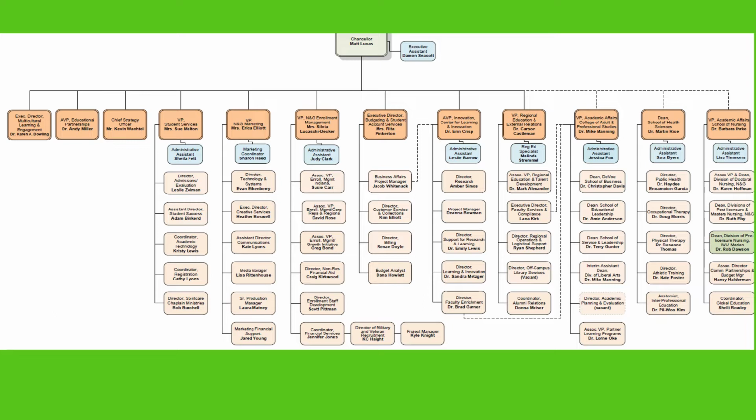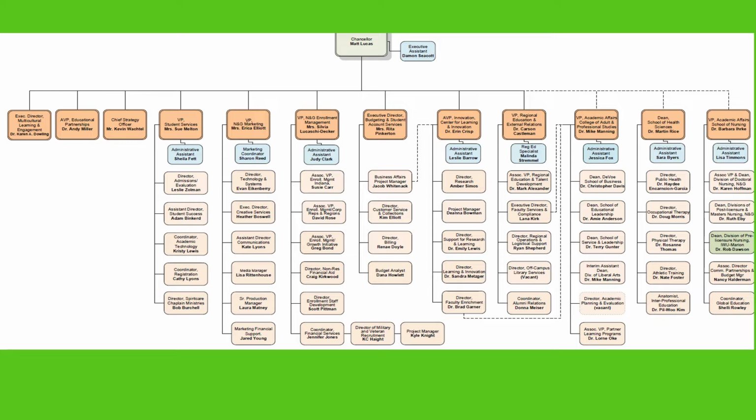Now, an important note to make on this structure: this diagram is current as of the time of the presentation, but there is a change that has been announced but will not be taking effect until January 1st, 2021. With this change, a new position is being made within this Executive Council that Dr. Carson Castleman, who is currently VP for Regional Education, will be stepping into, and he will be replaced with another.